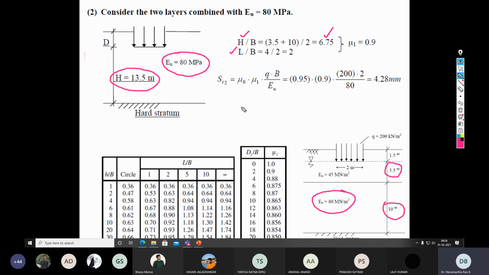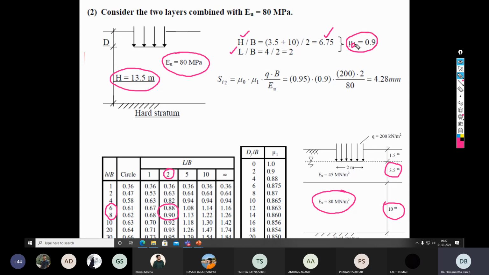Then L by B remains the same, 4 by 2. If you look at this table, H by B lies between 6 and 8. Corresponding to 6 and 8, you need to pick up the values of mu0 as 0.88 and 0.90.